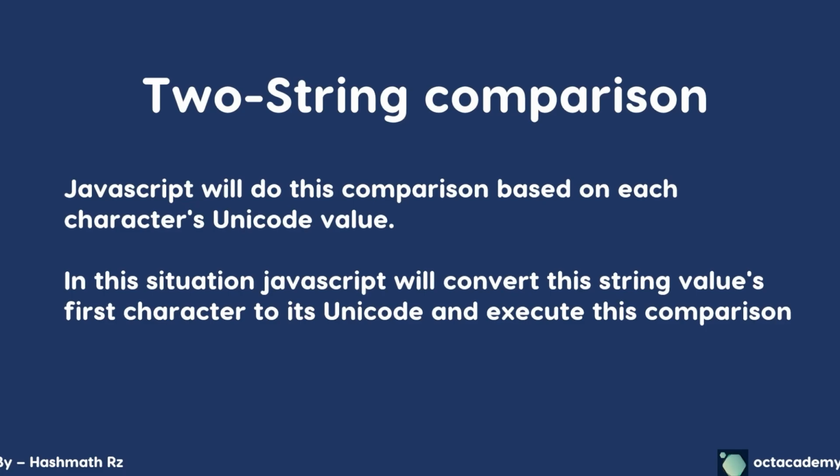So guys, in this situation, JavaScript will convert the string value's first character to its Unicode and execute this comparison. So look at an example for this. Think we have two string values, lowercase a and uppercase A. Down here we are performing the greater than comparison.